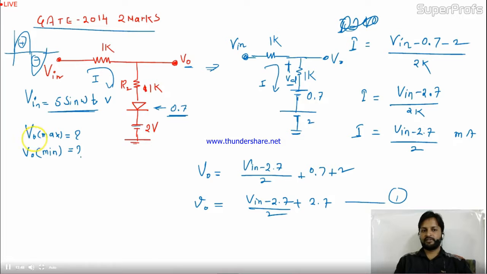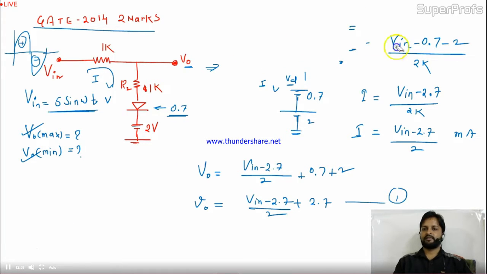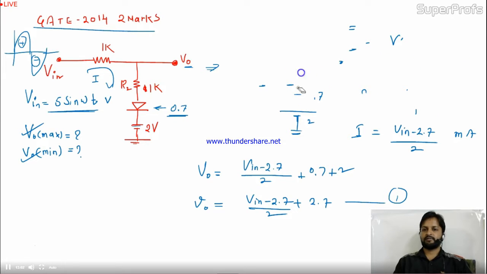Now the question they're asking, find out the V0 max and V0 min. Okay, so let me erase some part of the question, and then I'll show you what is the V0 max and V0 minimum, right? The maximum value of the input, V in, is given as plus 5. Is it okay?